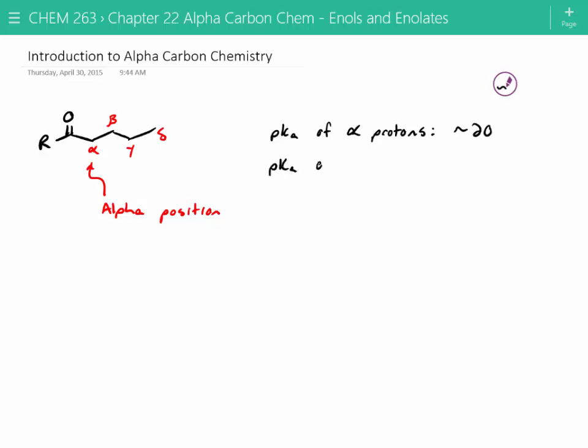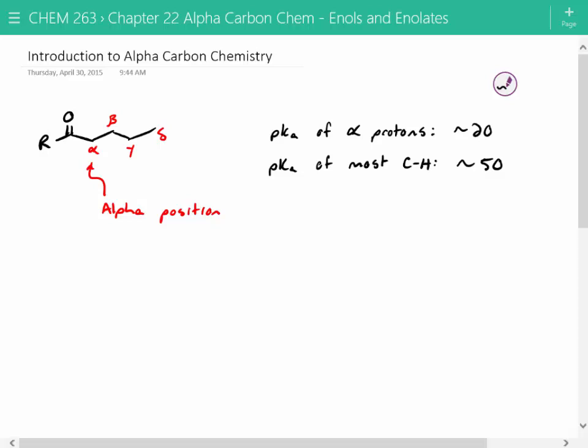The pKa of most CH bonds is closer to 50. So it's 30 orders of magnitude different. Does anybody have an idea why? Yeah, exactly. So if we pull a proton off of the alpha position, that conjugate base is stabilized via resonance.